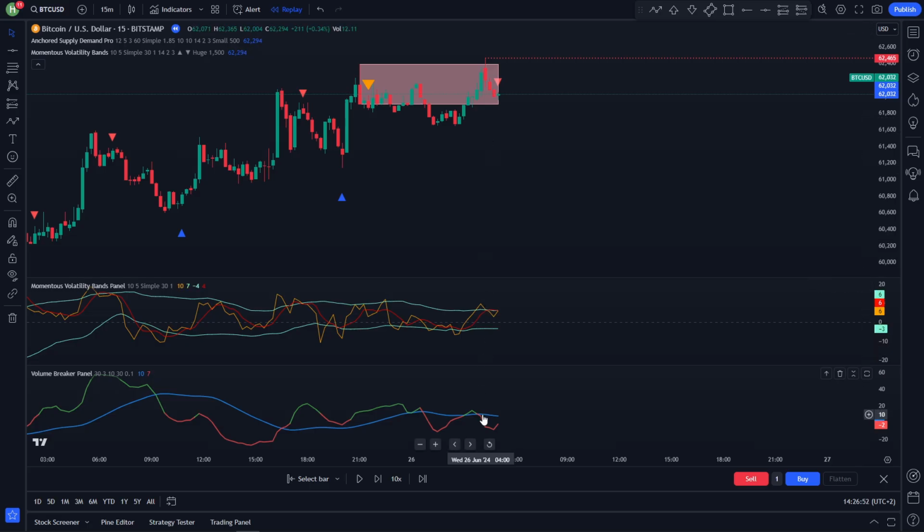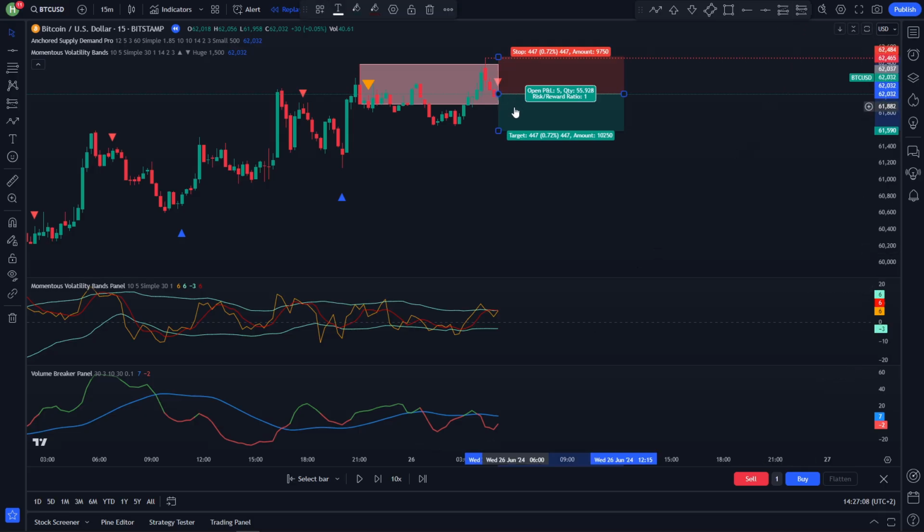After the second confirmation, we need to take a quick look at the volume breaker panel to ensure enough bearish volume. The volume breaker panel line is colored red, meaning all of the criteria are in place and we can enter our sell trade.